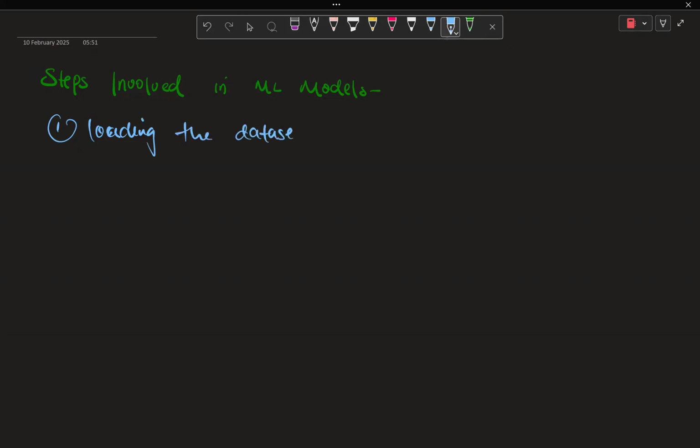Whatever data set will be given to you, you will load it. Second, you perform data pre-processing or data cleaning operations. For example, data may contain missing values, outliers, or duplicates. So these things we check. Missing values are very common, because if data contains missing values, it will create a problem.